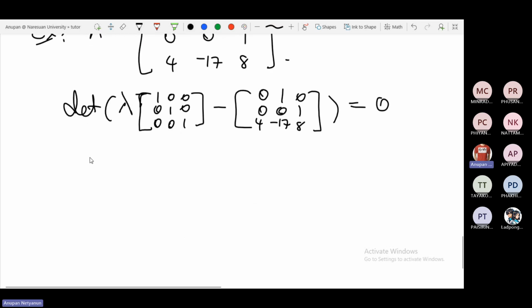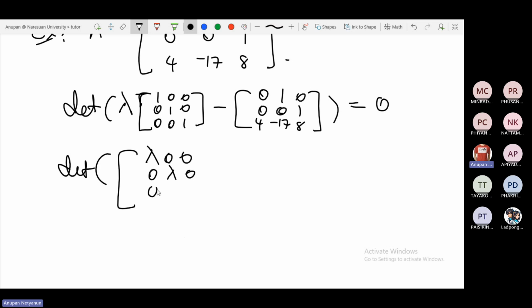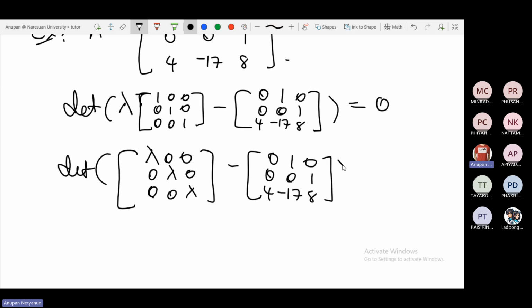So you have the determinant of lambda 0 0, 0 lambda 0, 0 0 lambda, and then subtract 0 1 0, 0 0 1, 4 -17 8.